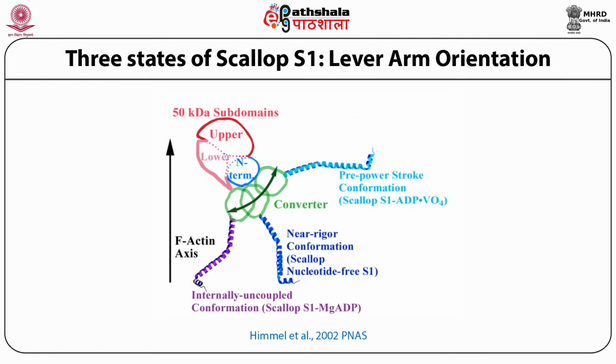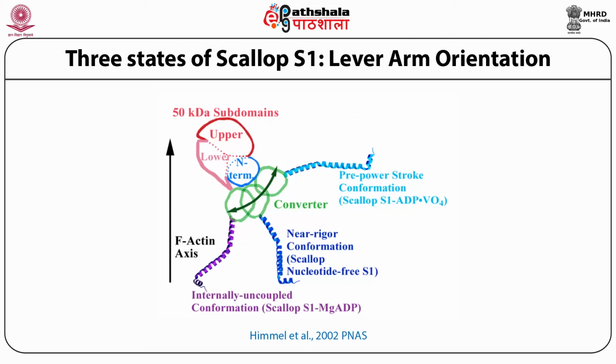The scallop myosin S1 is the only myosin which is determined in all three conformations. Here we have superimposed the motor domain. The small structural changes in the motor domain are ignored, and we have only shown the orientation of the converter related to the motor domain.